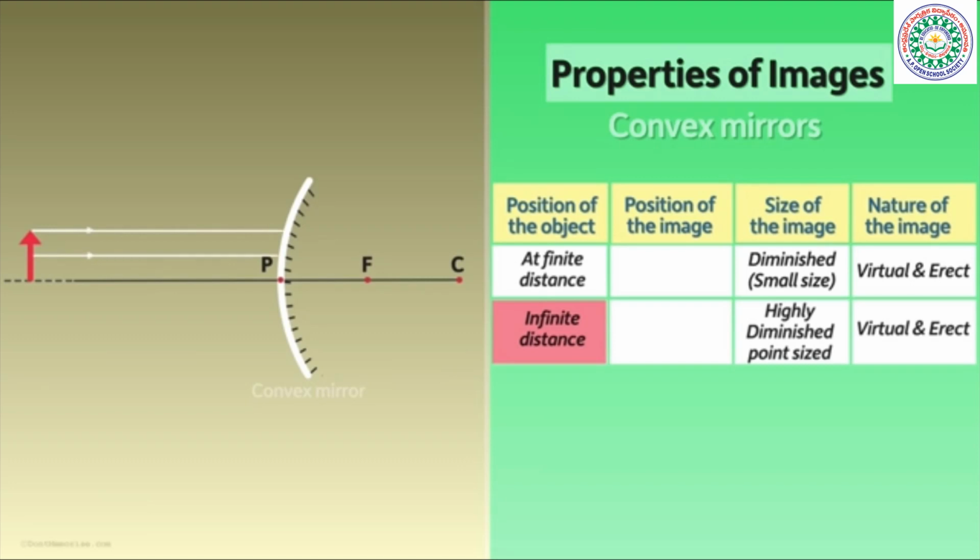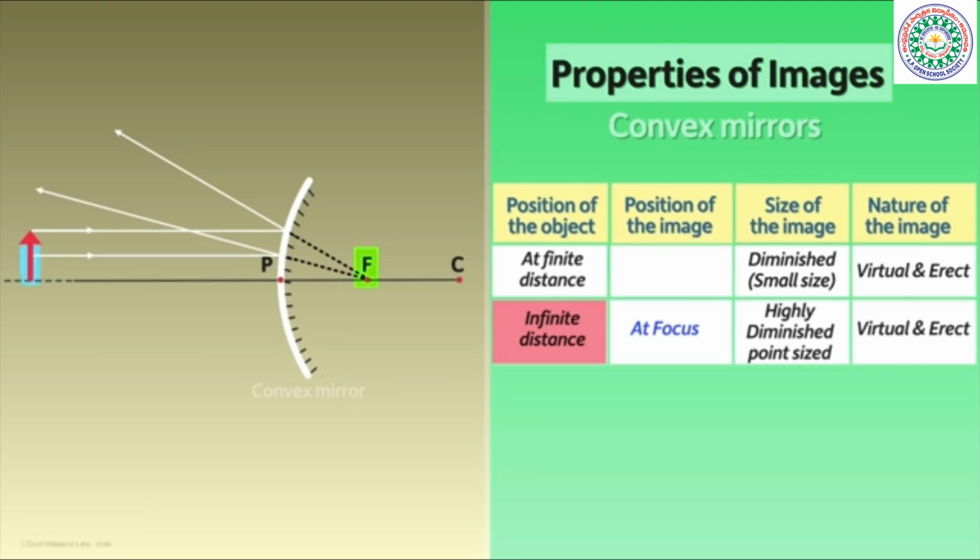And we know that two rays are sufficient to draw a ray diagram, so we will take any two parallel rays striking the mirror. These rays will be reflected in such a way that the laws of reflection are obeyed. We notice that the rays are diverging after reflection. And when we extend these rays backwards, they meet at a single point, which is the principal focus in this case. What does this imply?